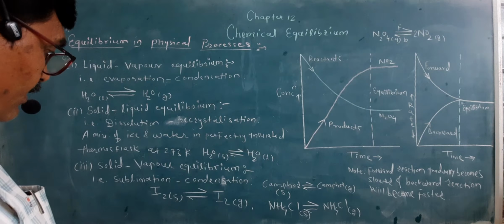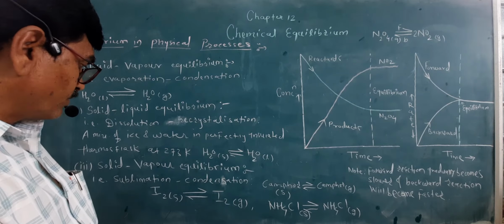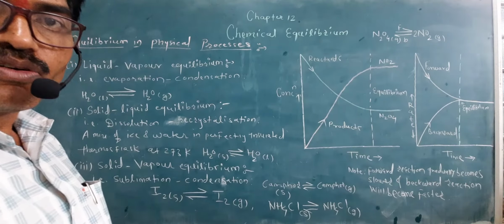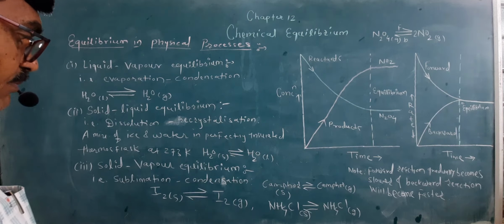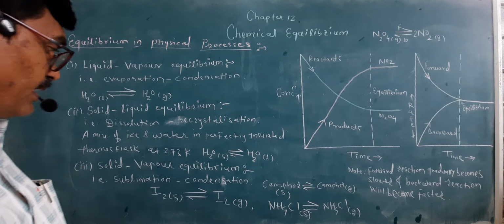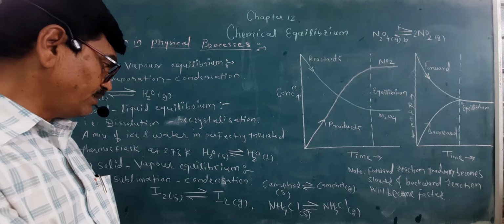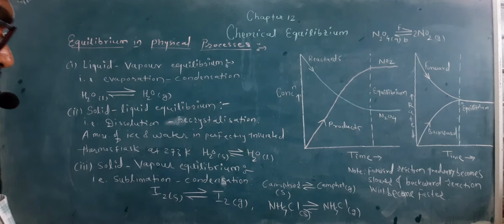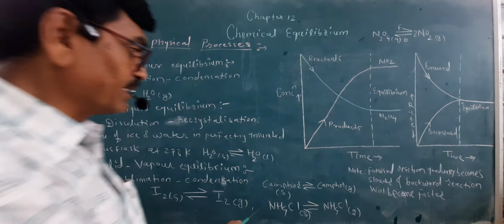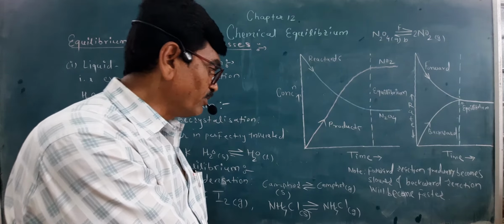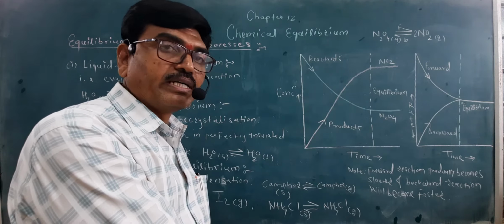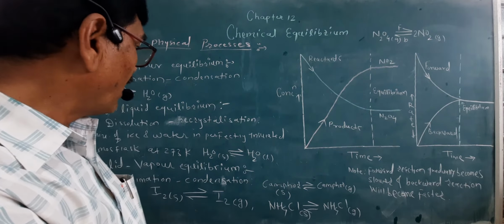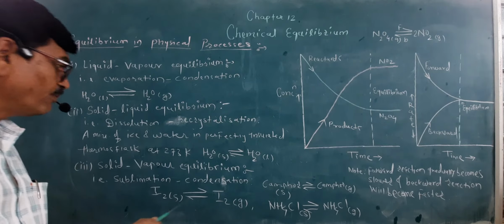When iodine is heated, it gets directly converted into the gaseous phase instead of passing through the liquid, and we call it sublimation. In a test tube, such sublimations are commonly found in iodine, camphor, and also ammonium chloride. We have already seen in practicals the sublimation of ammonium chloride. So this is the solid vapor equilibrium.